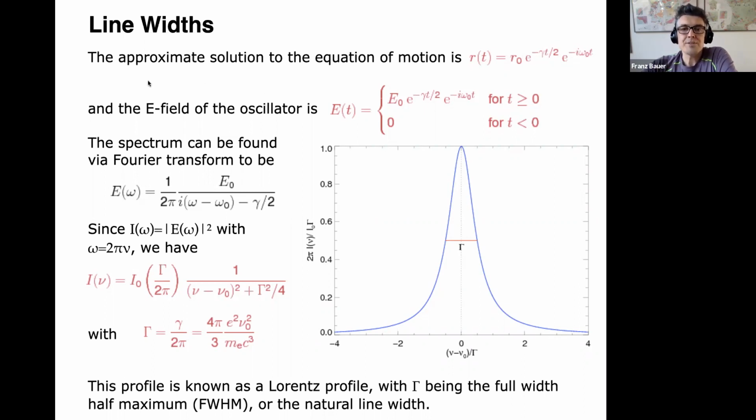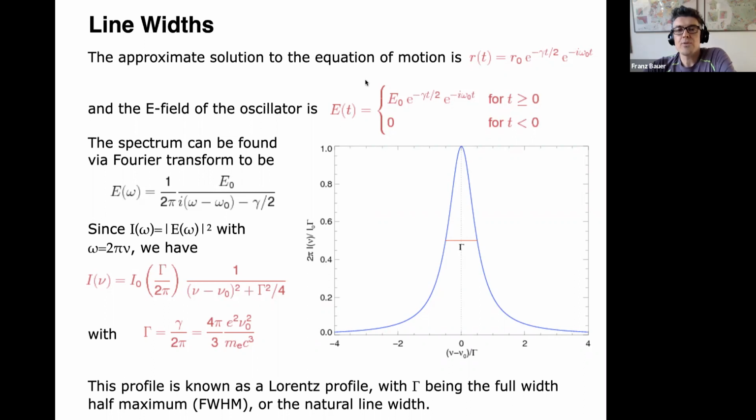And here we can also think of the electric field of the oscillator. The electric field as a function of time is going to go as this, right? So it's also going to have this damping, and also have this frequency time dependence. For time greater than 0, it will be this. For time less than 0, it will be 0.